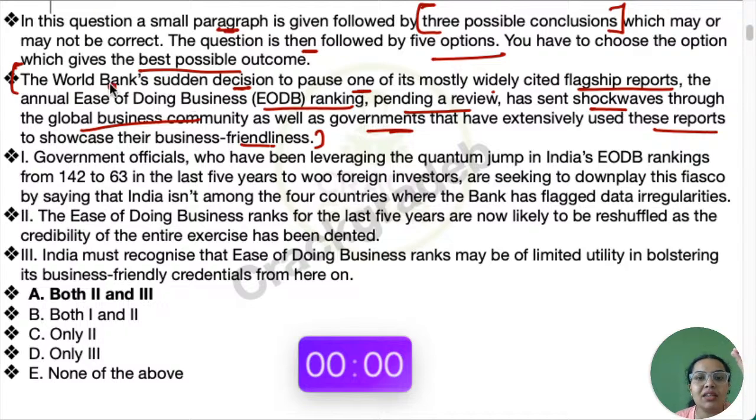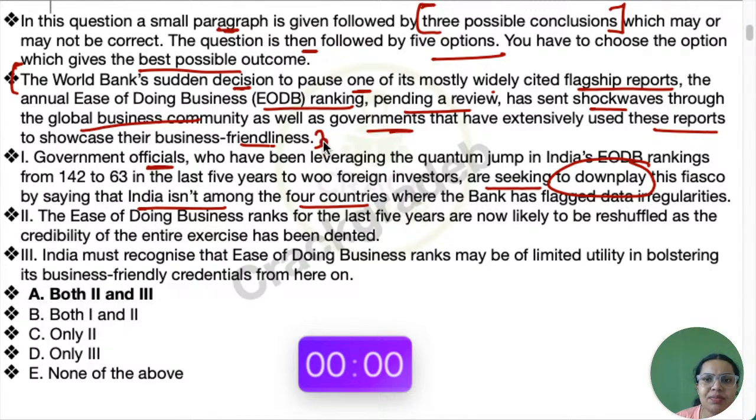We need to understand the crux of the passage first, and then we move to the first, second, third options. Government officials who have been leveraging the quantum jump in rankings to woo foreign investors are seeking to downplay this fiasco by saying India is not among the four countries where the bank has flagged data irregularities.